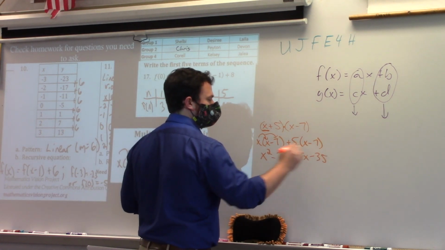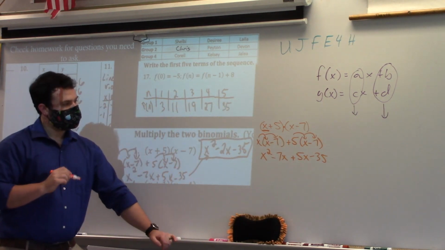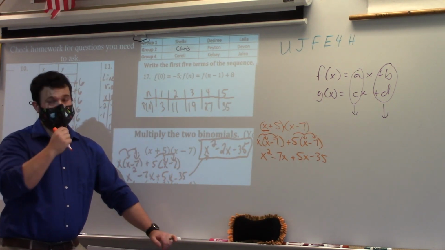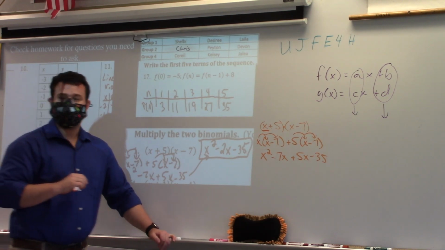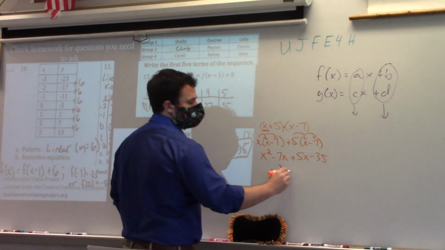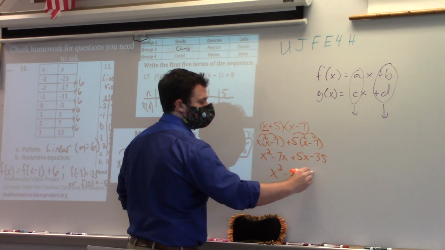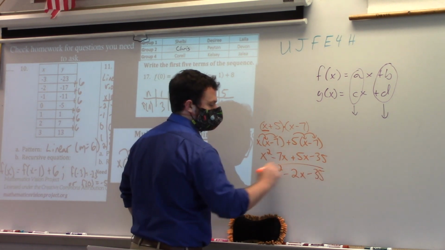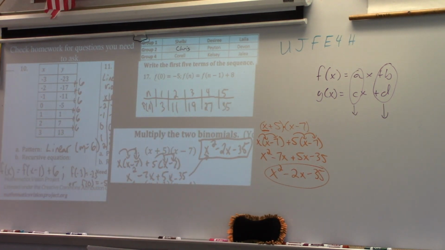And then add that together, you're going to get x squared minus 2x and then 35. Minus 35. Notice, it's just like we did on the previous set of homework. We're just distributing. Thank you, sir.